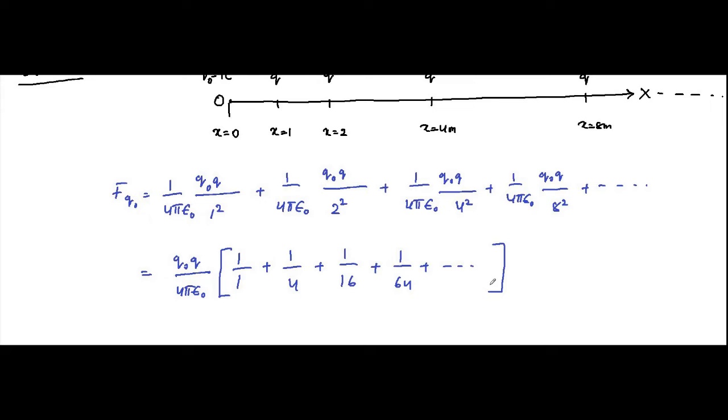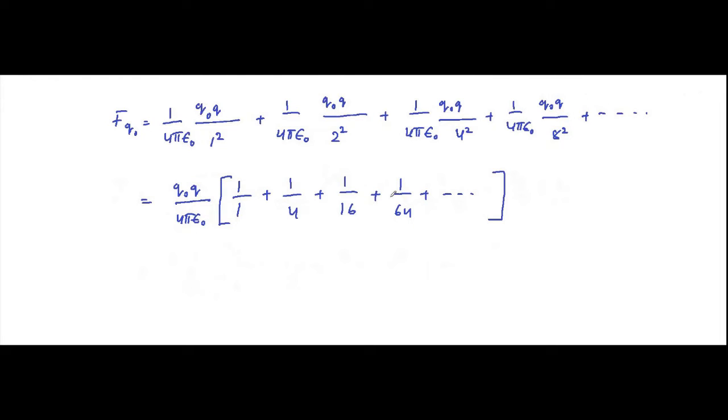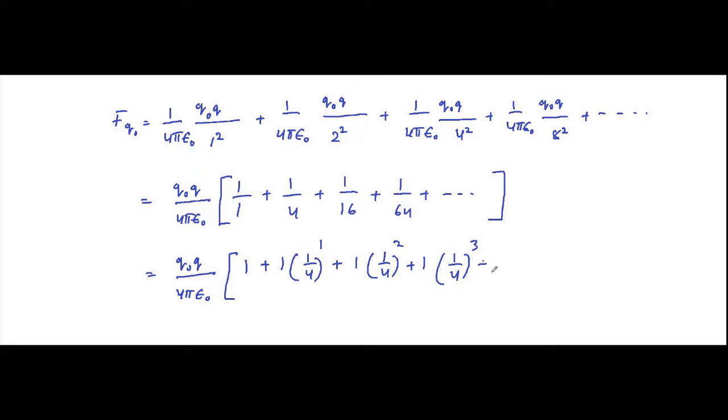If we try to find a pattern in this series, whether it is in AP or GP, we'll see that this series is in geometric progression, where it is 1 plus 1 into 1 by 4 to the power 1, plus 1 into 1 by 4 square, plus 1 into 1 by 4 to the power 3, and so on.